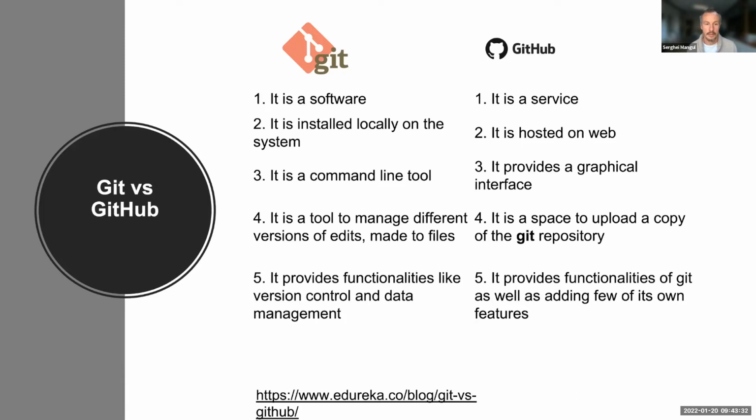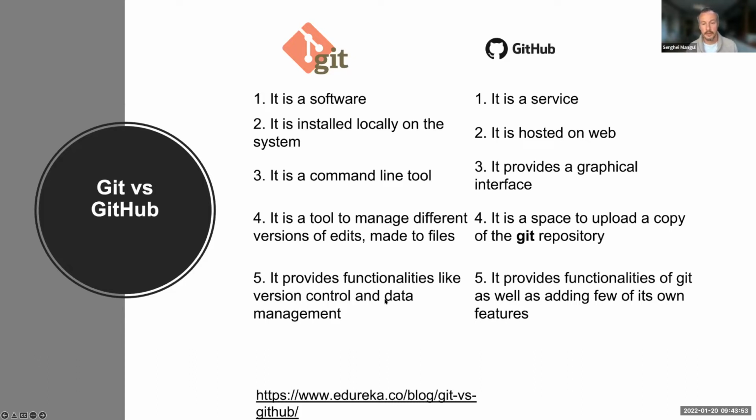Okay, another thing: Git is a tool to manage different versions of edits made to files, right? We are managing the versions. And GitHub is a space to upload a copy of your Git repository, so it will be just your repository stored online.